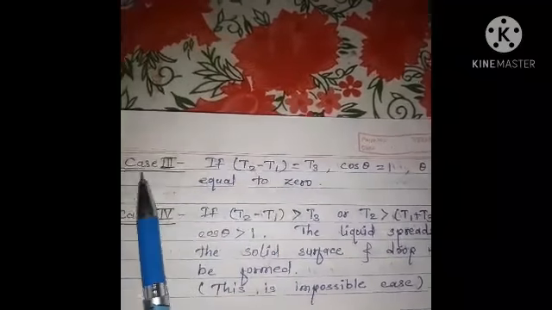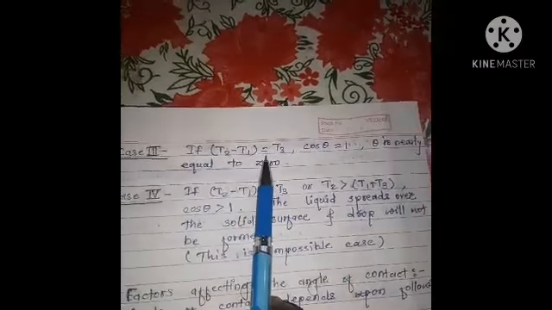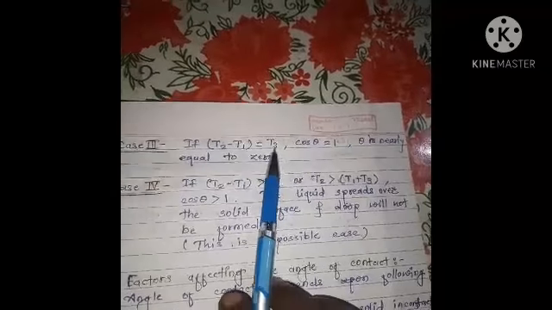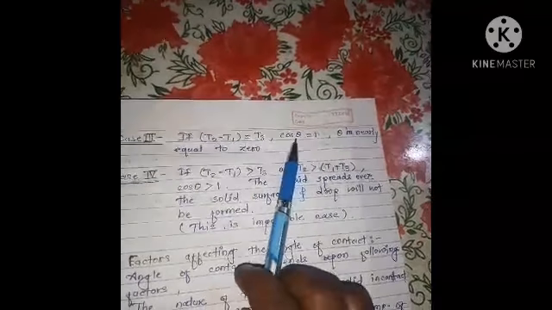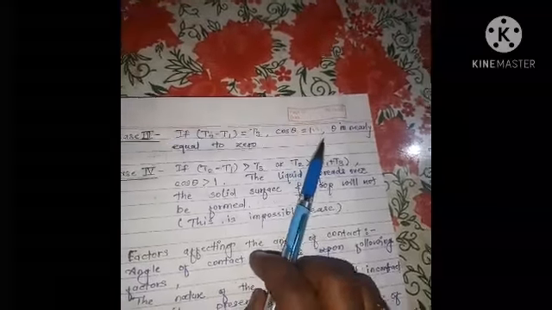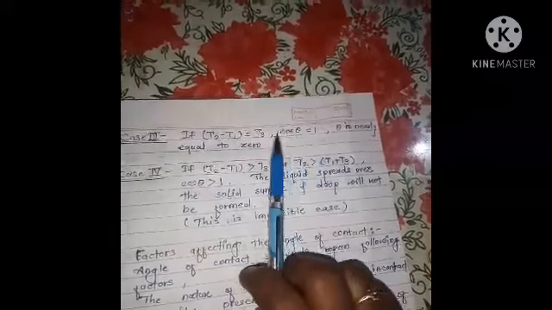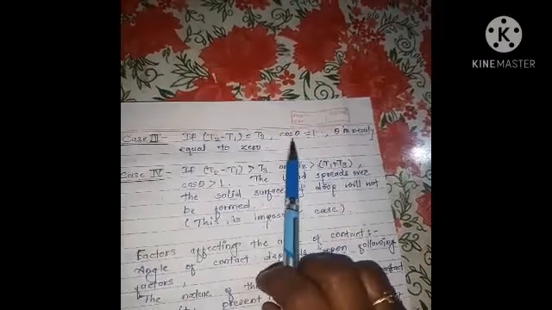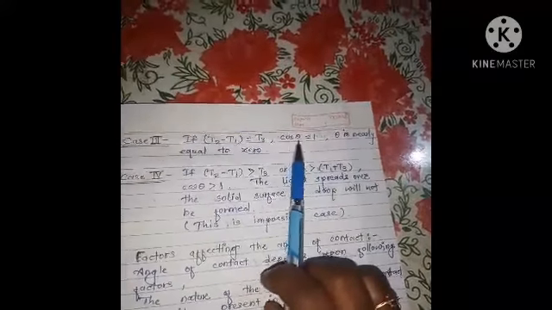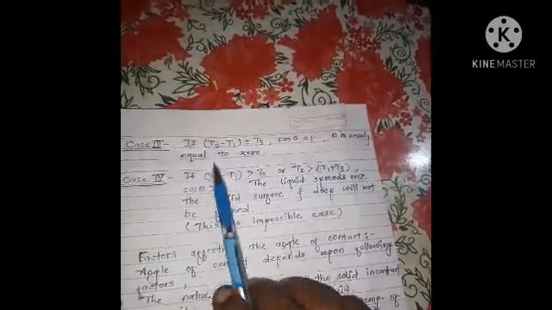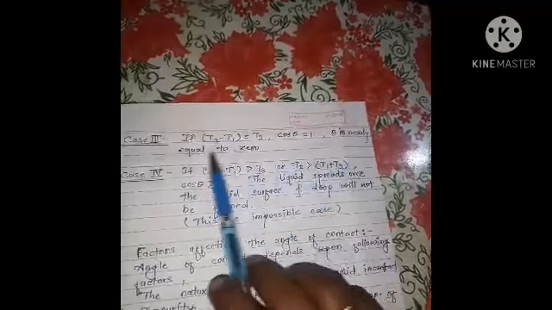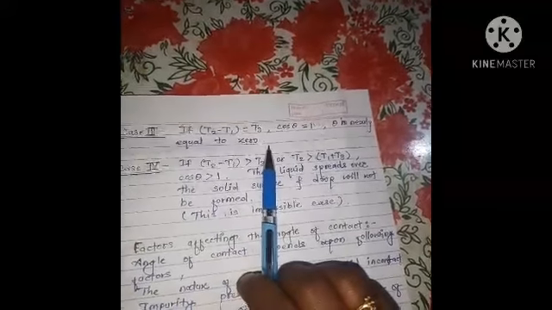Remaining two cases. See here. Case 3: if T2 minus T1 is equal to T3, meaning the numerator is equal to the denominator, then this formula gives cos theta equal to 1. Cos theta is 1, so theta must be 0. Therefore the angle of contact is 0.